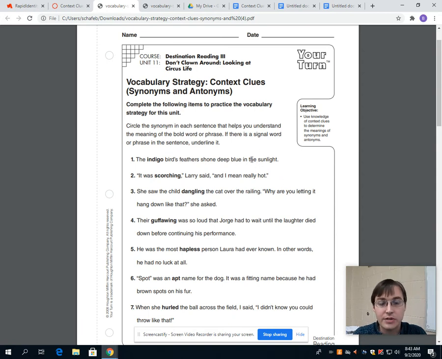Well, the rest of the sentence is talking about the sunlight. It's not really talking about the bird. So that means that I don't think I have any other information about this bird in this sentence. So what I'm going to say is that indigo means deep blue, because the only piece of information I have is that the feathers are shining deep blue.